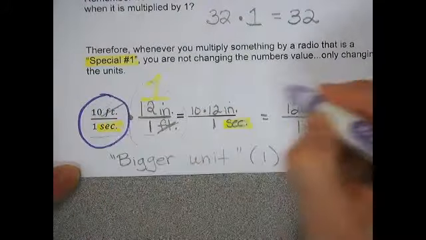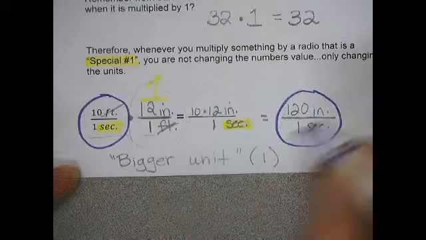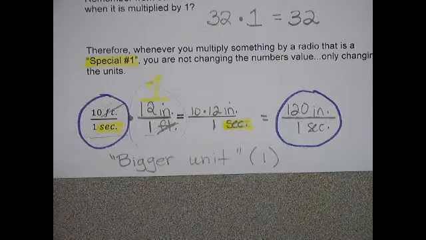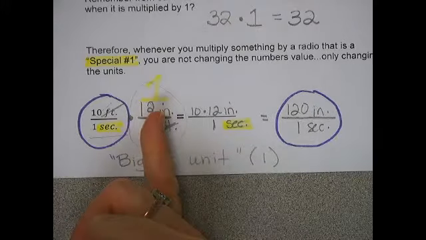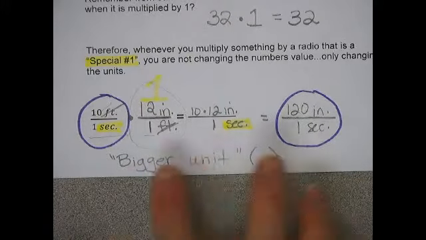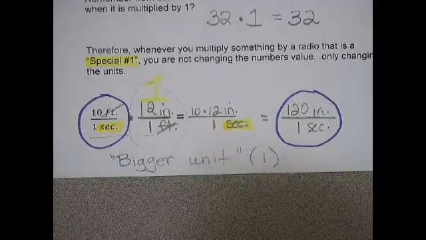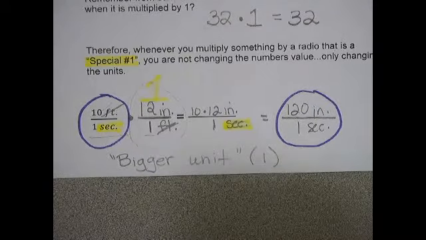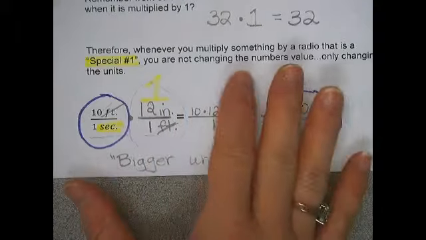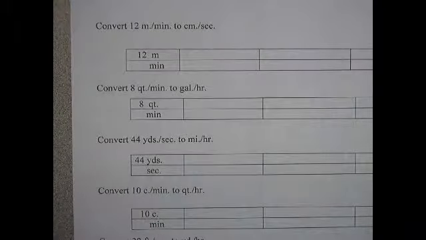When I say go, who's going to get there? Who's going to travel quicker? 10 feet in a second or 120 inches in a second? Well, if we do this in class, hopefully you guys will realize that these two speeds are exactly the same thing. We took 10 feet per second, we multiplied it by 1, which didn't change its speed, it just changed the units.